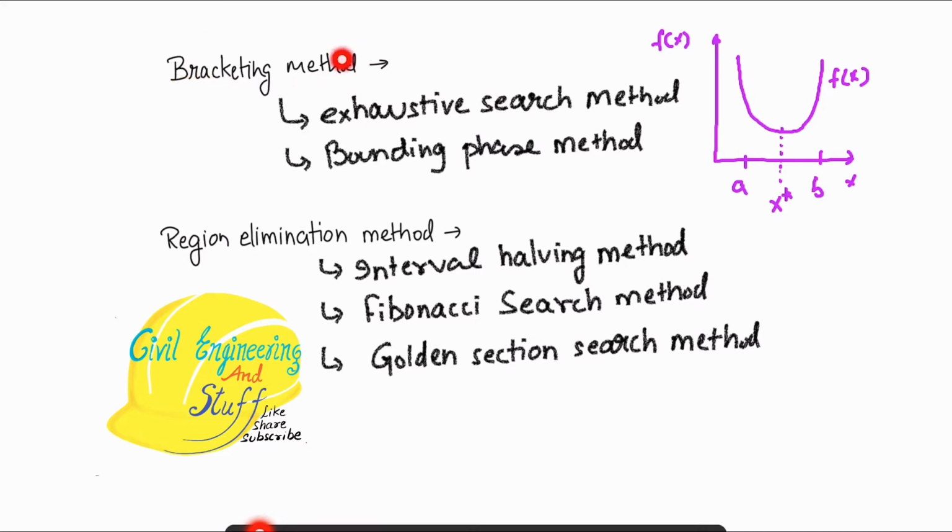So using bracketing methods, we used to reduce our search space. Initially the function was defined in the range AB. Using the bracketing method, we used to find 2 points, let's say x1 and x2, and we used to say that the minima of the function will lie in between x1 and x2.